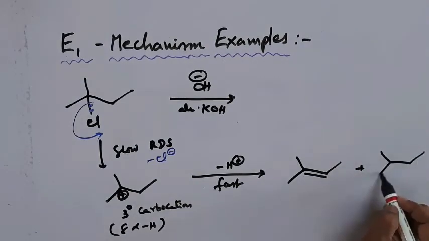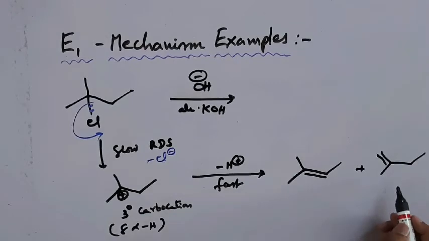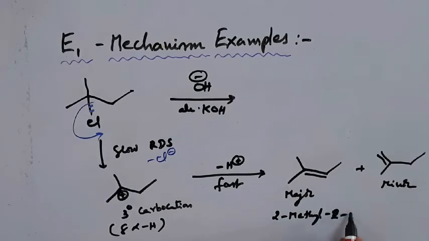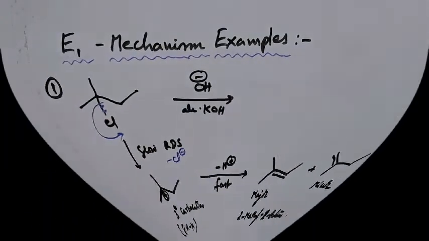So I may get this alkene as a minor product, but the major product, 95% and above, is this particular more substituted alkene, which is nothing but 2-methyl-2-butene. This is example number 1.